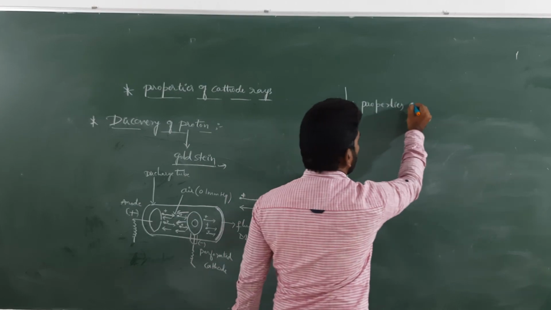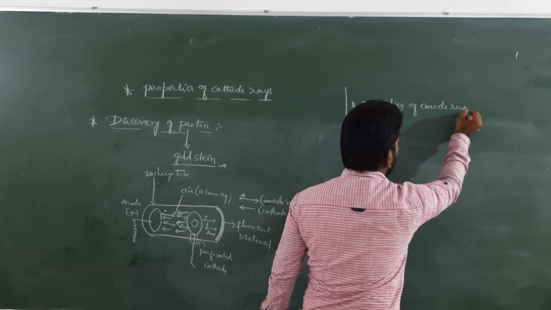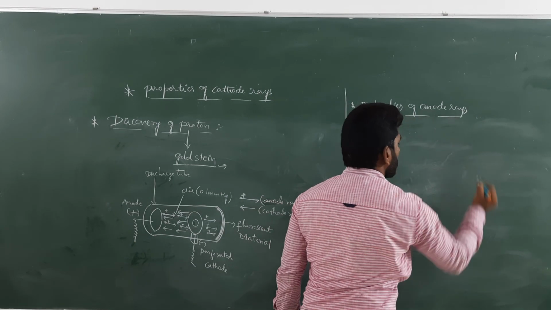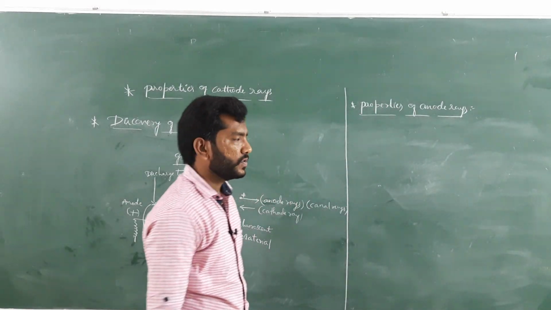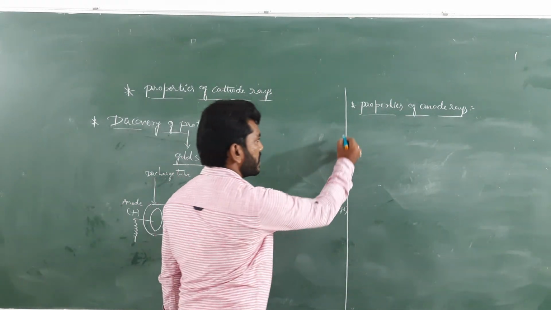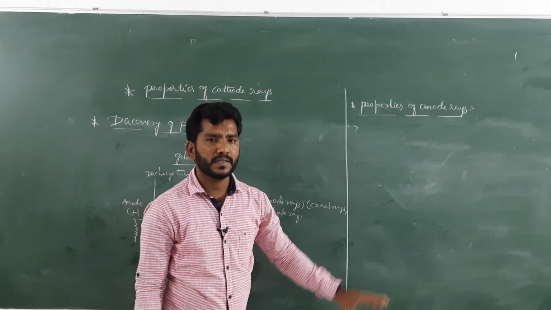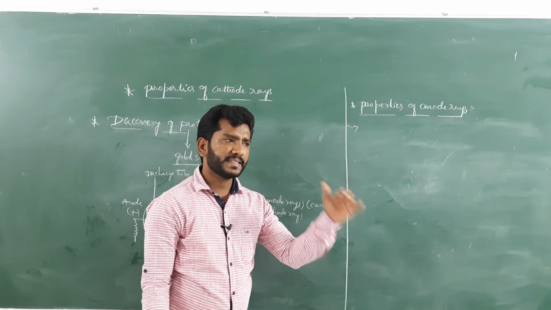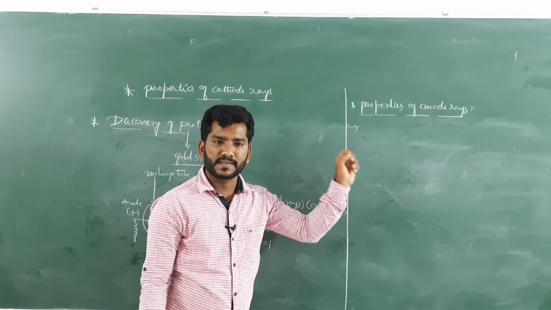Properties of anode rays. Some properties are almost the same as the properties of cathode rays. Okay, so we'll discuss them one by one. The very first property: just like cathode rays, anode rays also travel in a straight line.